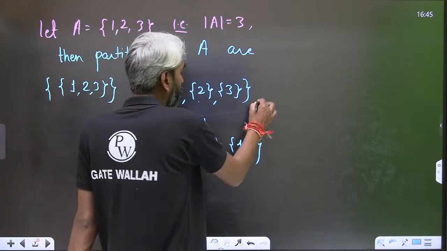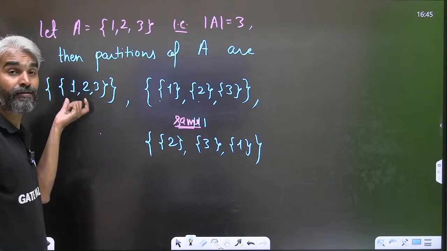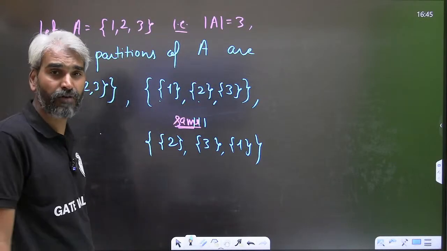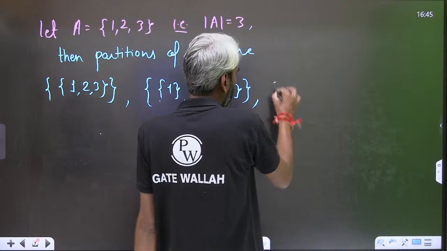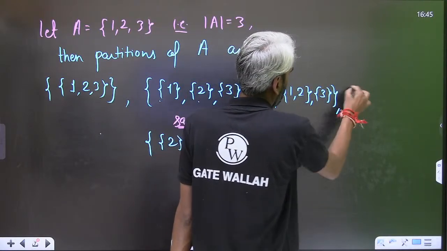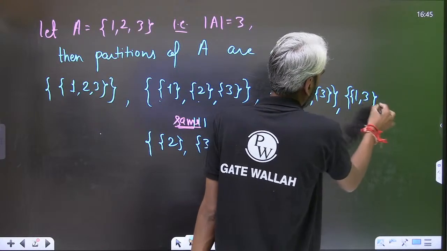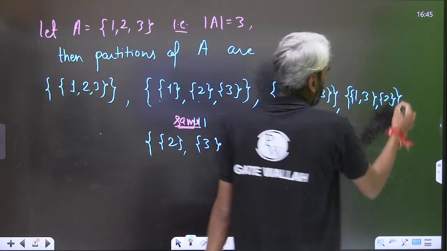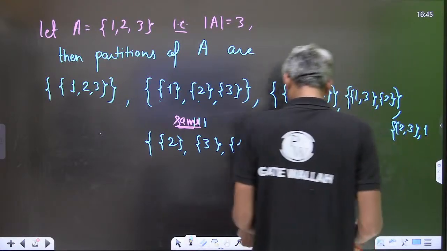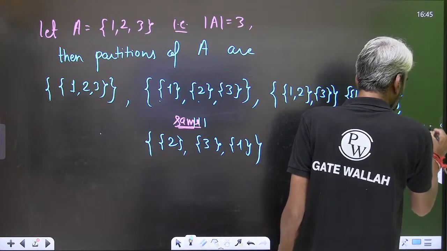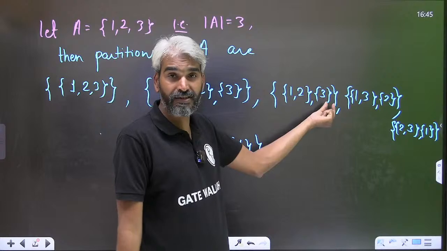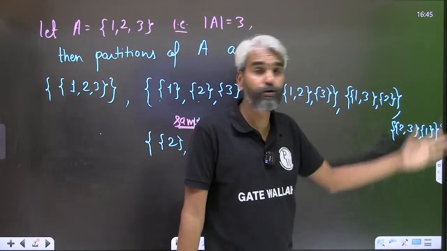Okay. Now, sir, another possibility is when the only set is of size 3. Another is when there are 3 subsets of size 1 each. Another possibility is that you can have one set as 1, 2, another as 3, or you can have one as 1, 3, another as 2, or the third one can be 2, 3 and 1. Obviously these 3 will be treated differently, because 1, 2 cannot be the same as 3, 1, 3 cannot be the same as 2, and 2, 3 cannot be the same as 1.